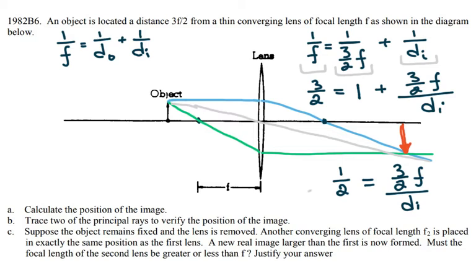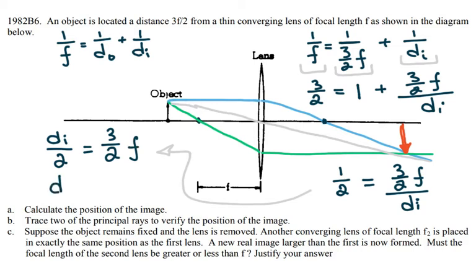So I will have di over 2 on one side, and I will have 3/2 of the focal length on the other side. So di is going to be equal to 3 times the focal length. So that's the position where the image can be found.